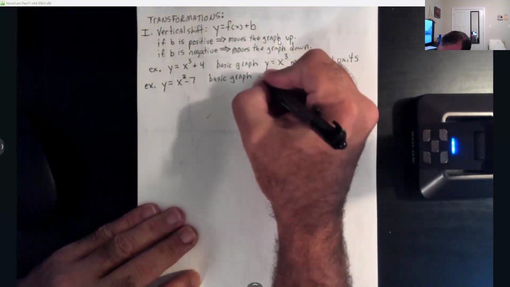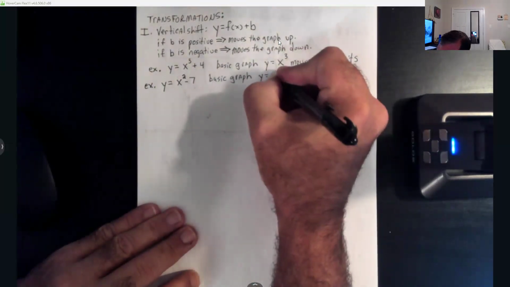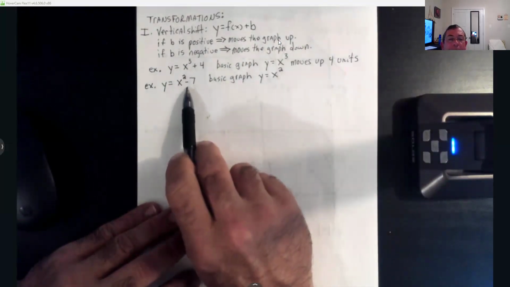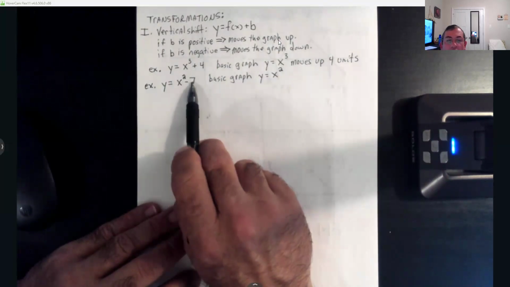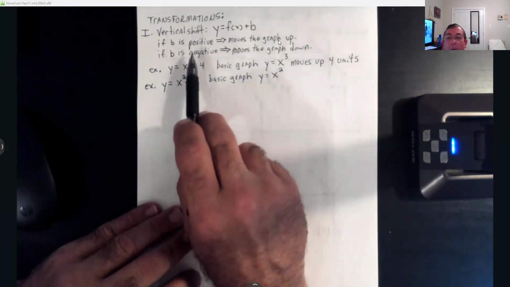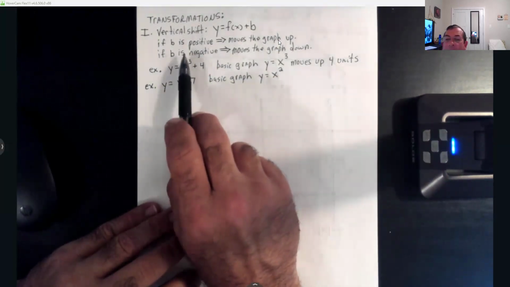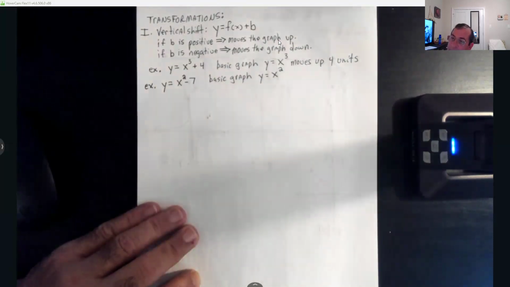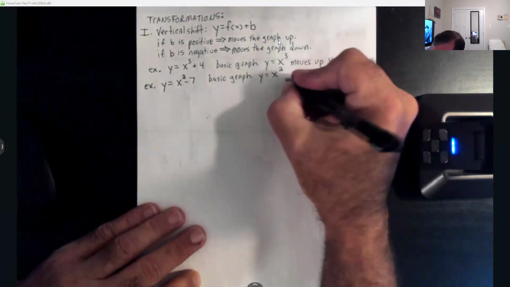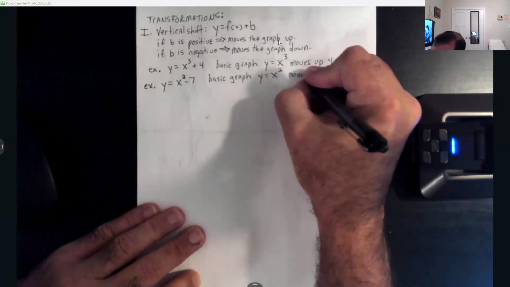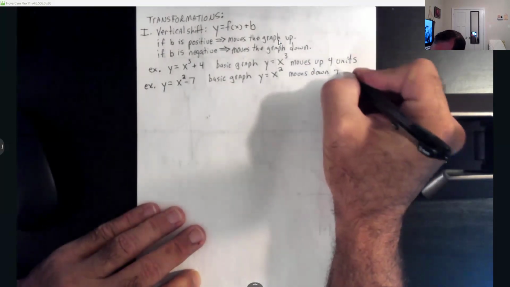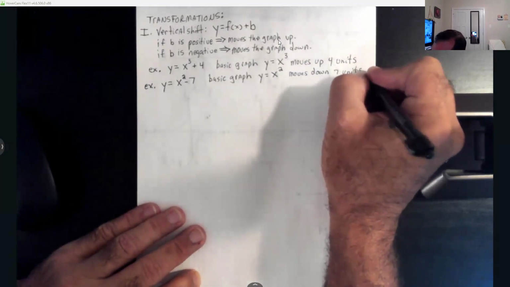So the basic graph will be y equals x squared. So what did this subtracting 7 do to my graph? Well, we said right here, if that number's negative, that's going to move the graph down. So this one moves down 7 units.